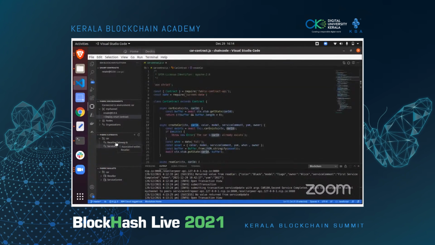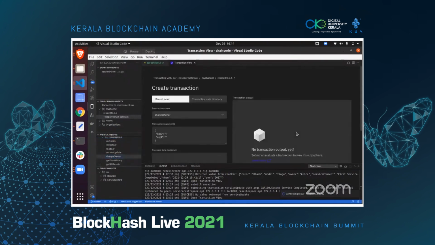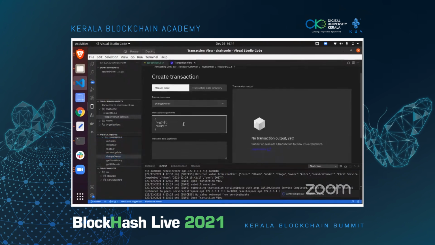Okay, so now we will go out of the service center and go through the gateway of the reseller. What the reseller can do is change the ownership, right? So we will just give the same car number, car 100. Say, for example, Alice has sold the car to some other guy named Bob.